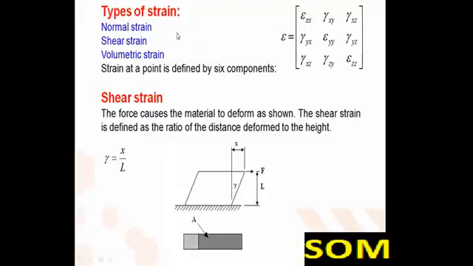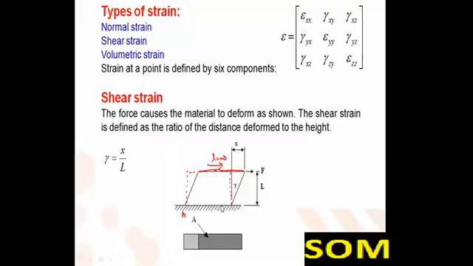Shear strain. If we apply a load F in this direction, the original shape of the body is this. As we apply the load, this will deform from its original position to another position.